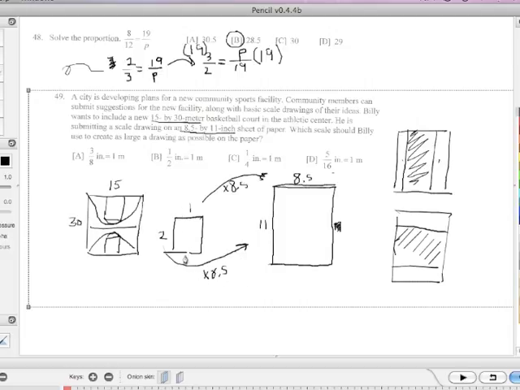So instead, let's map 2 to 11. When we do it that way, you can see that we're multiplying by 5.5 to get to 11, and 1 times 5.5 gets us to 5.5.